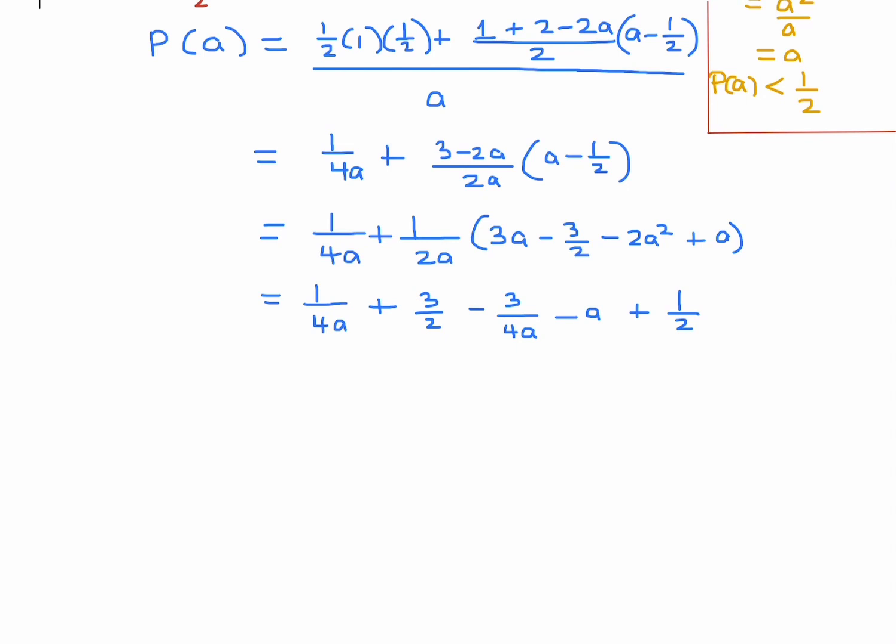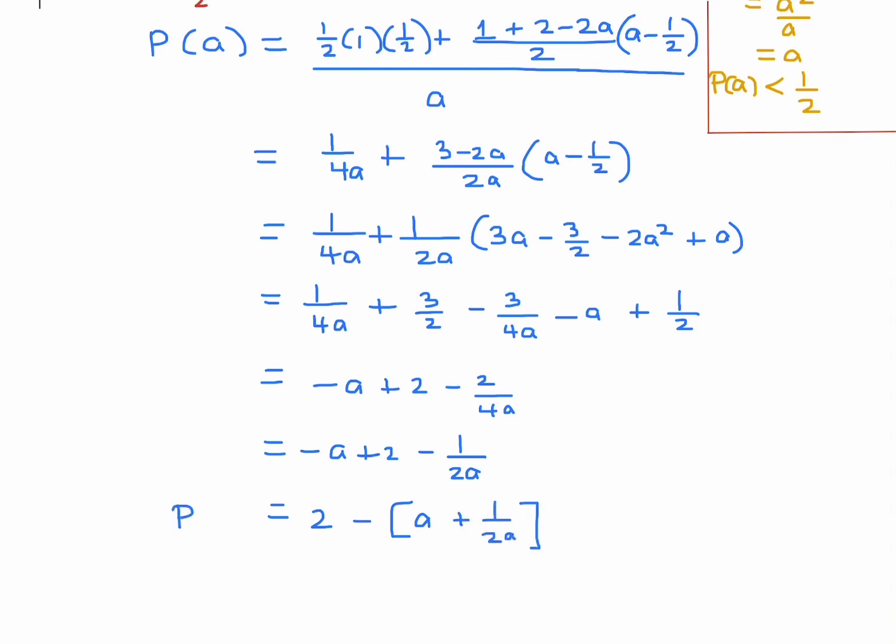All right, great. So adding all the like terms, that is minus A plus 2 minus 1 over 2A. So that means that's 2 minus (A plus 1 over 2A).